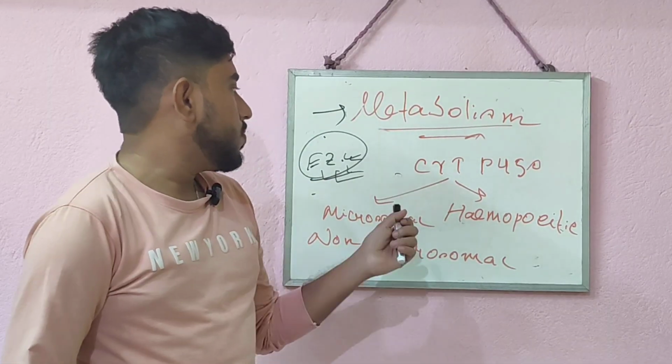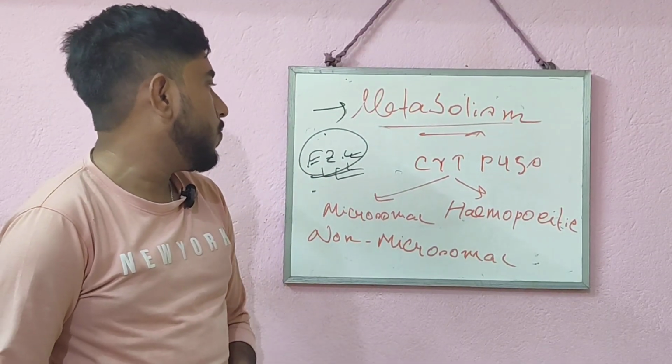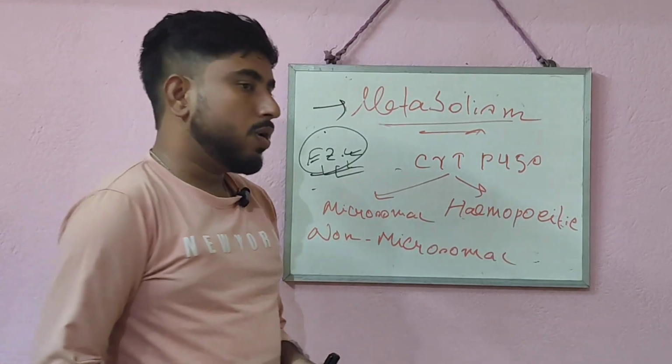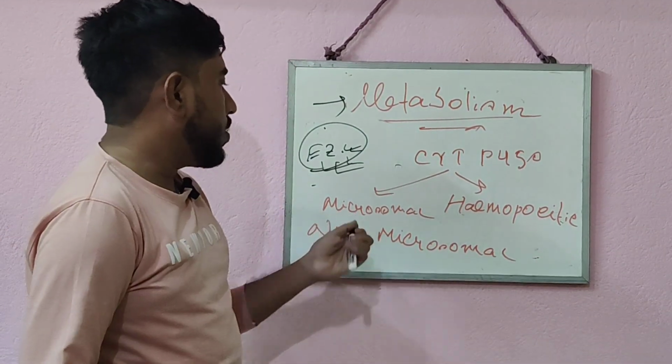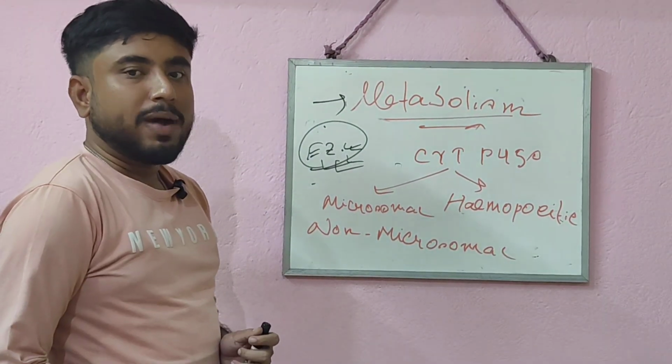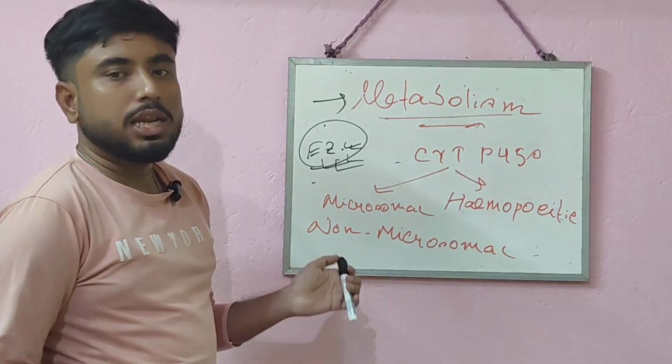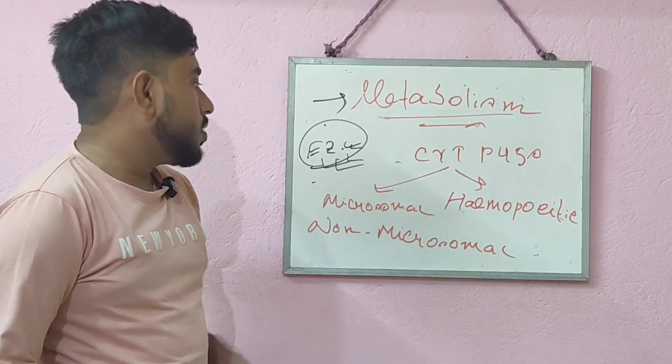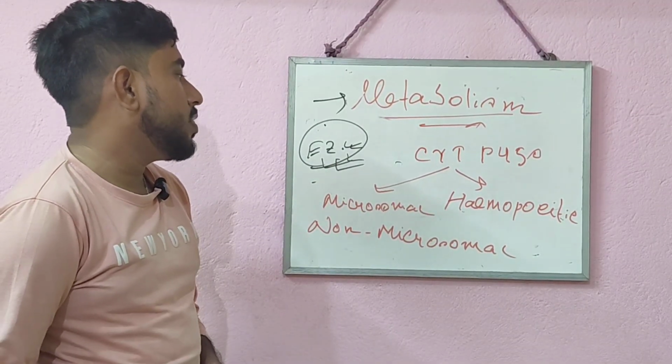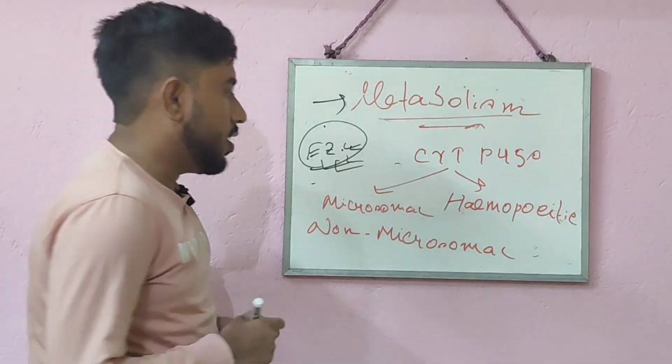The first type of cytochrome P450 according to the location in the liver is microsomal cytochrome P450. By that name only you can easily understand that it is present in the microsome part of the liver.